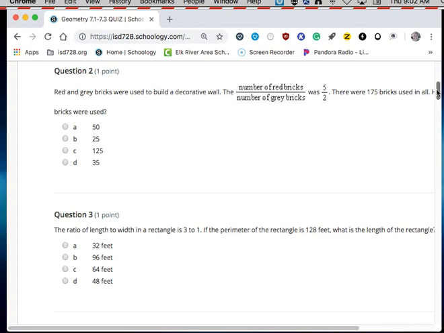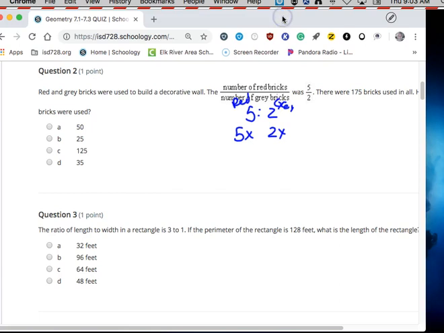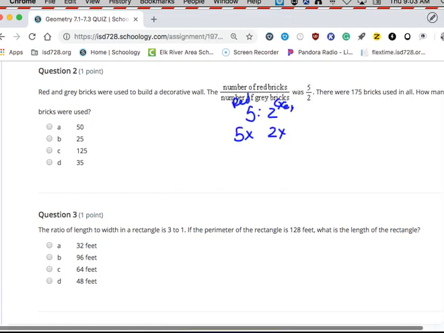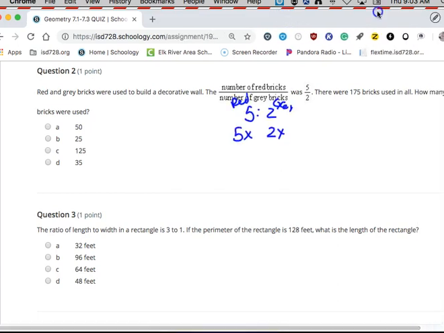So I've got this as a relationship from my red to gray. Now, it's important to keep in mind that I can represent this as 5x to 2x. There are 175 bricks used in all. And I've got to find out how many red bricks there are, I believe. So, yep, how many red bricks are there?